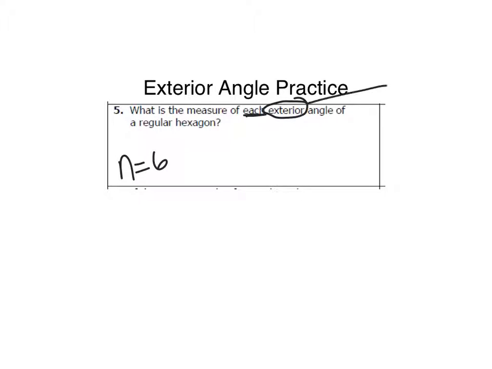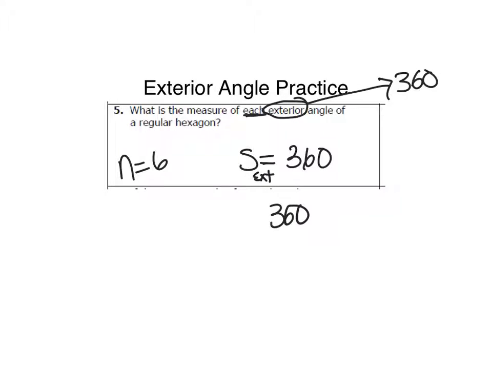Well, as soon as my brain sees exterior, it goes to 360. So the sum of all exterior angles, I'll put EXT down here, is 360. But this isn't asking me for all of them, it's just asking me for one. So this is going to be 360 divided by the total, and that will be 360 divided by 6. And then you write 60 degrees.